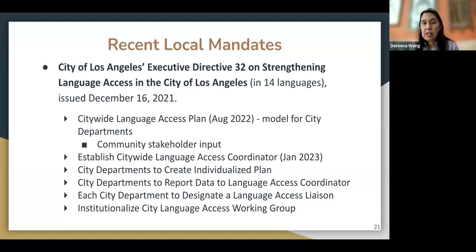And then finally, the county of LA has done a similar effort where the County Board of Supervisors passed a motion to strengthen language access to its county services and requires all of its county agencies to issue a language access plan. The Language Justice Coalition is also monitoring and working with the Office of Immigrant Affairs, which is monitoring the implementation of this language access plan.